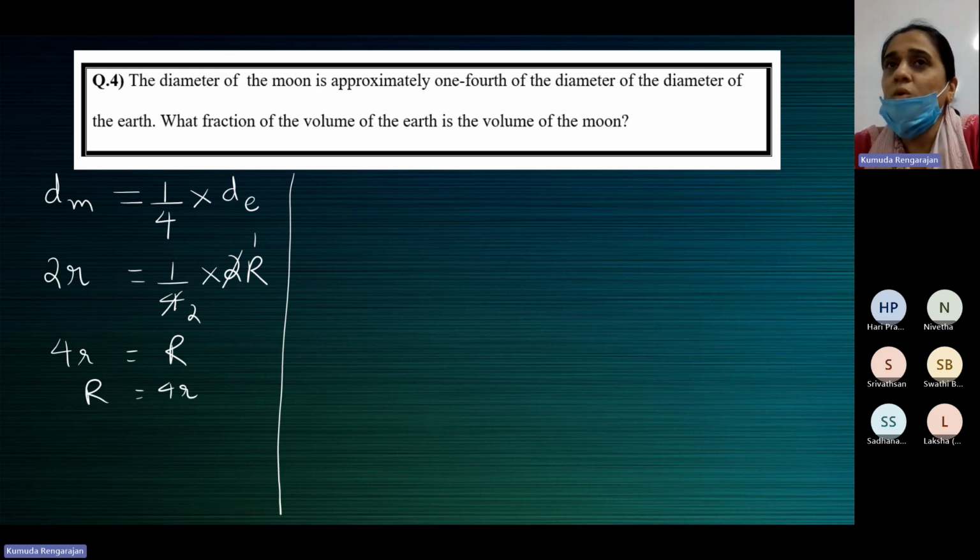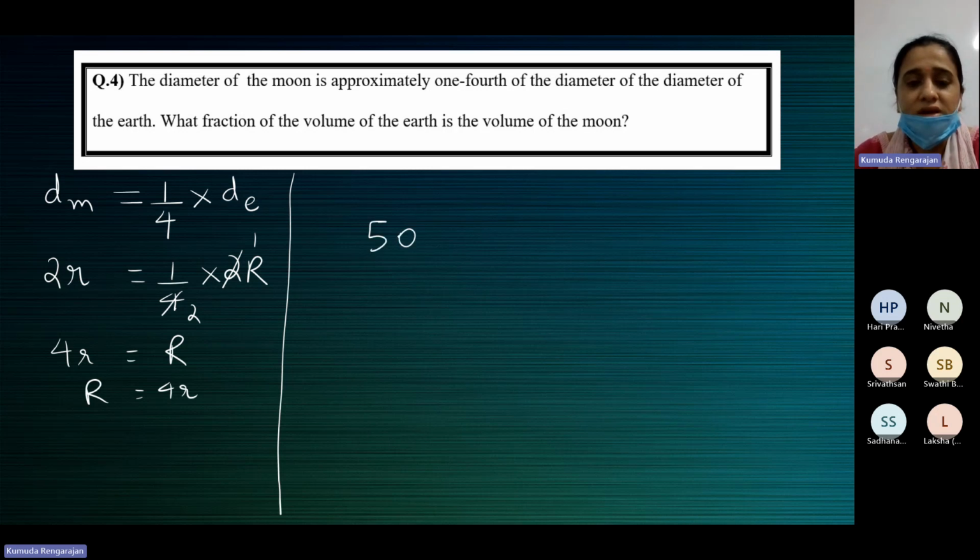Like if I ask you, what fraction of the class are girls? If that particular class has 50 students, in which 28 are girls, what fraction of the class are girls?